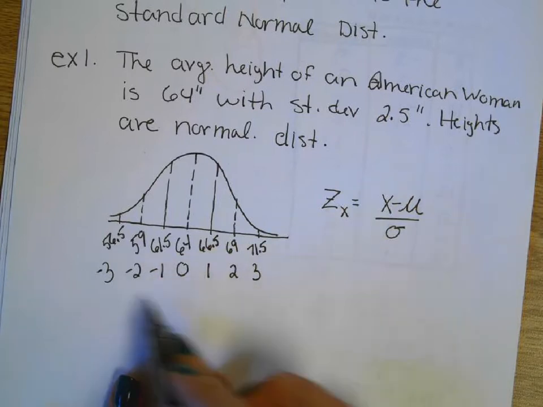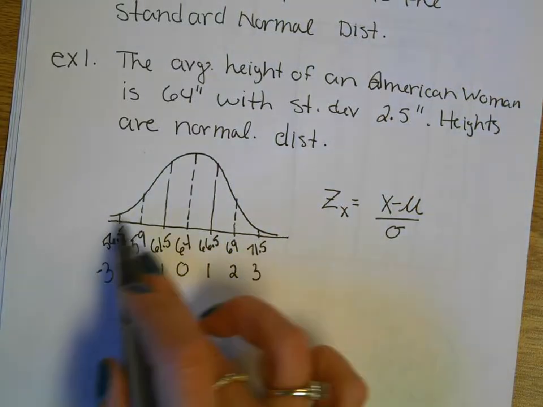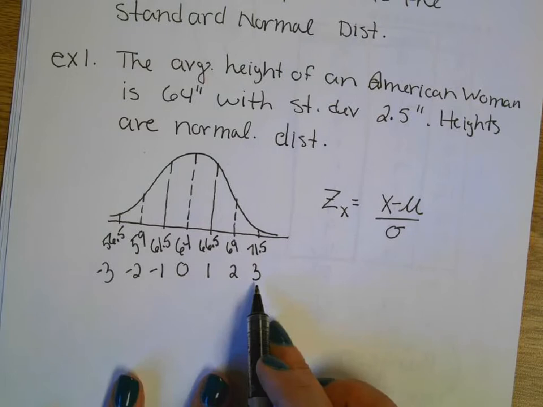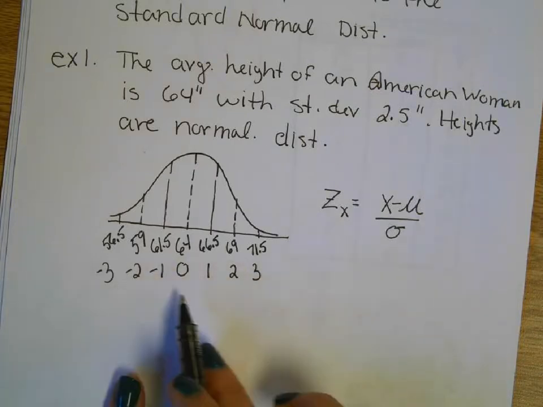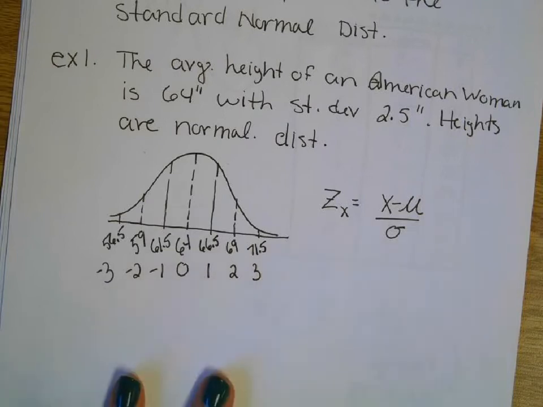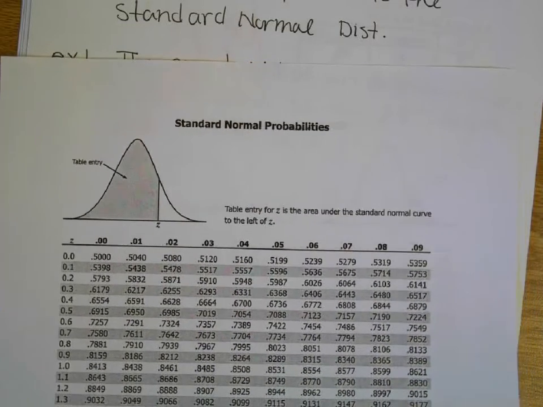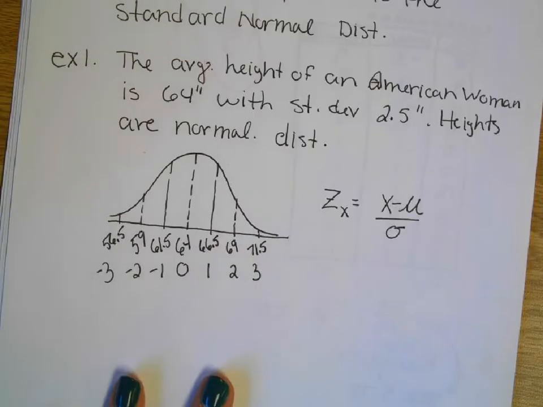That's the standard normal. This one's normal, this one's the standard normal. Anytime you take a normal distribution and convert the values to z-scores, every single graph is going to look like this one, from -3 to +3. Make sense? Which allows us to use this standard normal table to get our areas and probabilities.